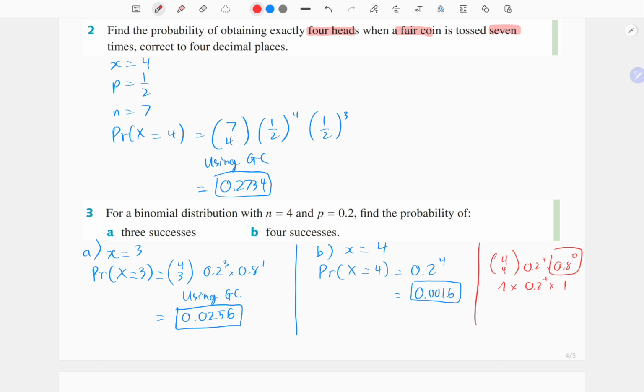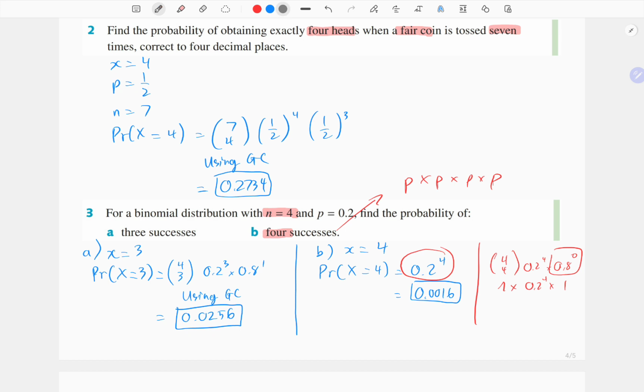Right? So if you have 4 successes and then 4 trials, there's only one way. Which means you can go straight to, and that only one way would be to have a success times a success times a success times another success, which is just 0.2 power 4, right?